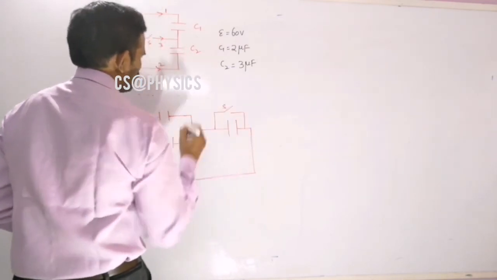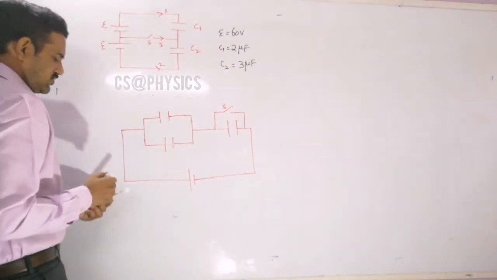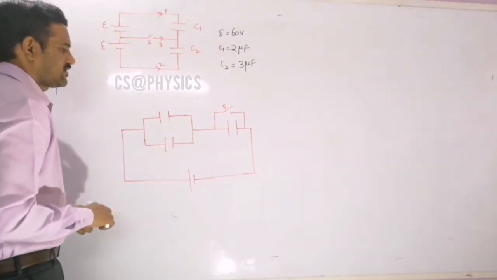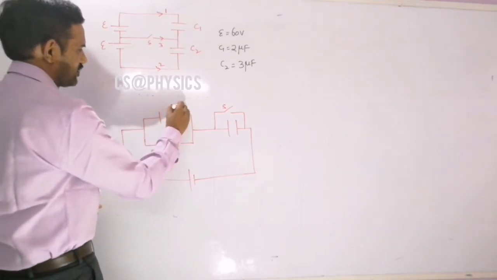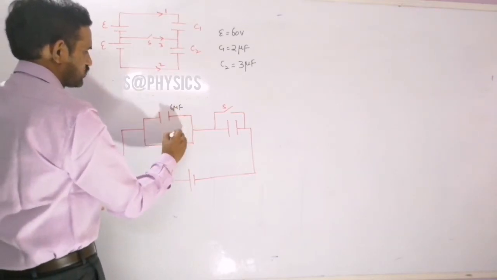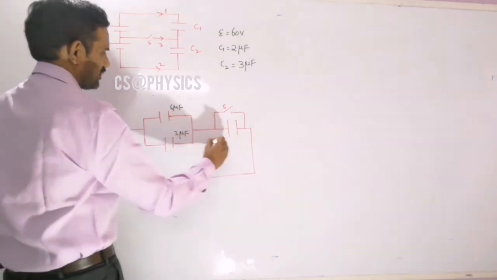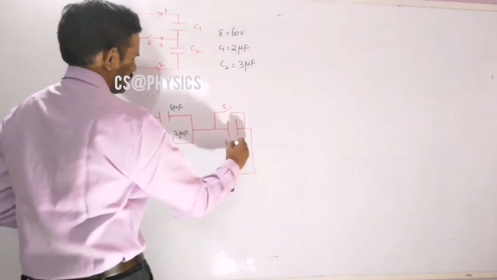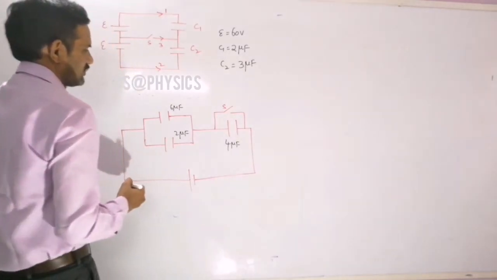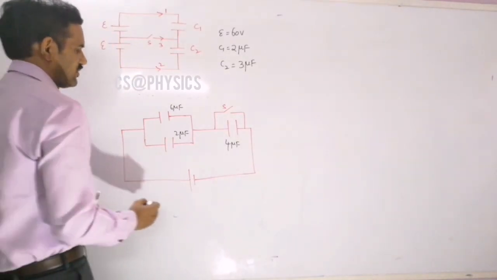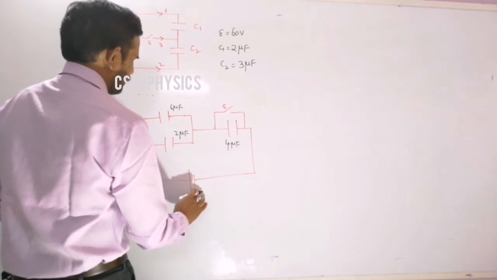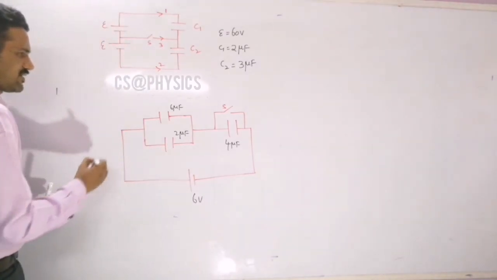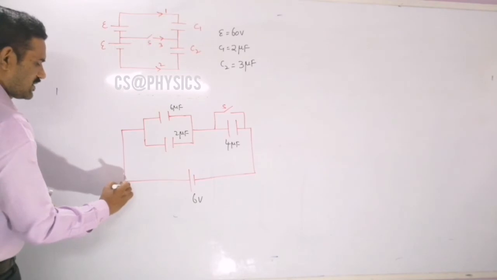This is our switch position now. Let us take the capacitance values as 6 microfarad, this is 2 microfarad, and this as 4 microfarad, right? And let us take this value as 6 volts. And now here I am giving some path. Let us say this is AB.